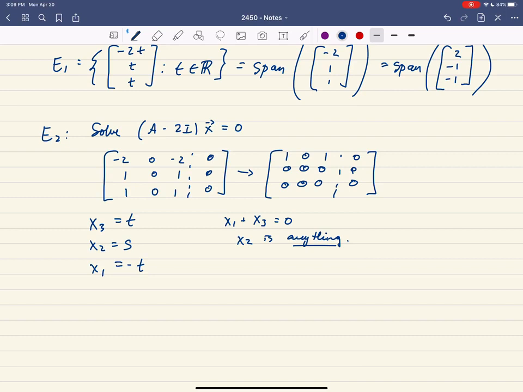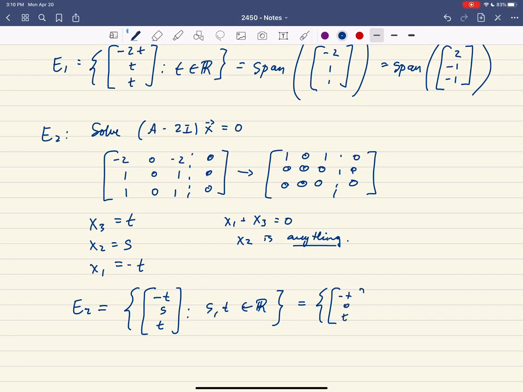So this means that e sub 2 is going to be the set of vectors of the form -t, s, t, where s and t are allowed to be any arbitrary real number. Or you could think of this as t times (-1, 0, 1) plus s times (0, 1, 0), where again s and t are allowed to be whatever real number we want.